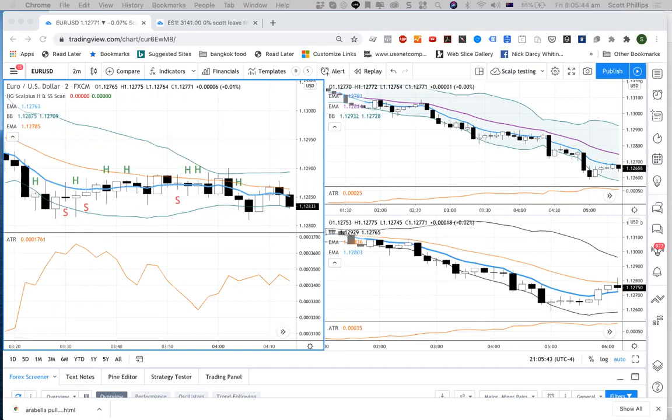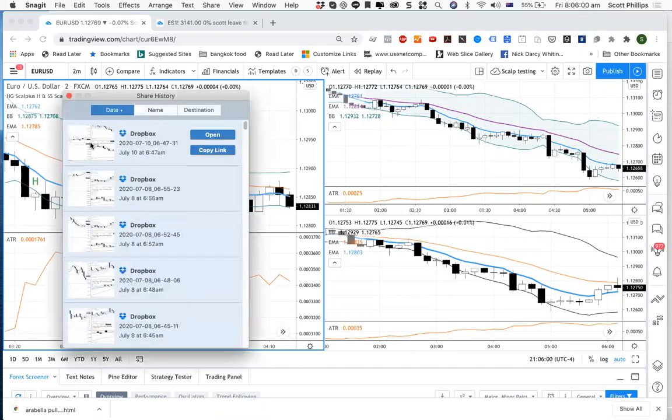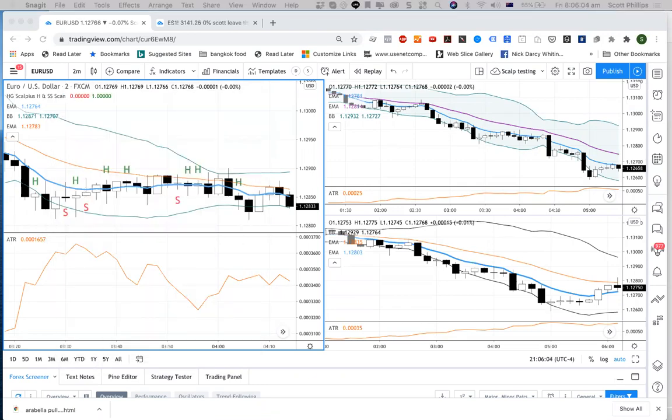Okay, and that is a minus 5.5 pip loss. And the ATR value there was 0.00035, and we have Bollinger, and copy the link from the screenshot, put it in the sheet, and we are good to go. Okay, loser to start the day, that sucks.